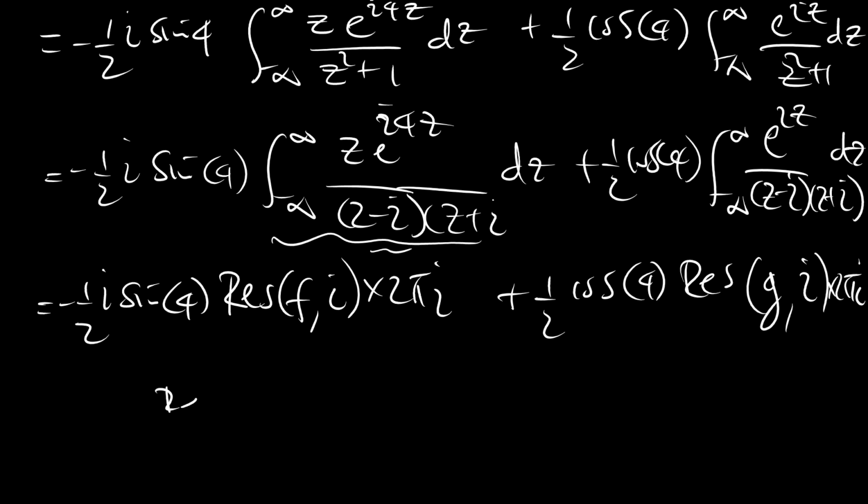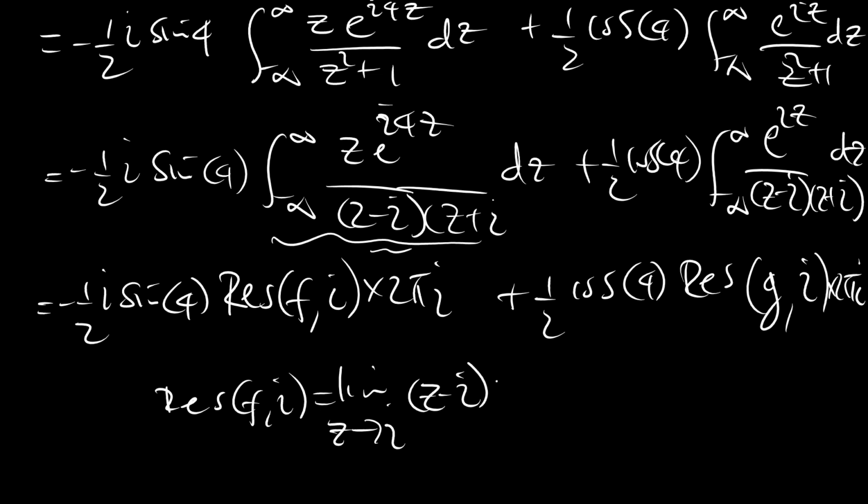So residue of f at i would be equal to the limit as z tends to i of z minus i times z e to the i4z over z minus i, z plus i.